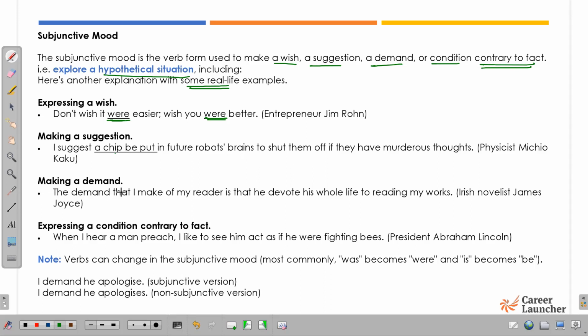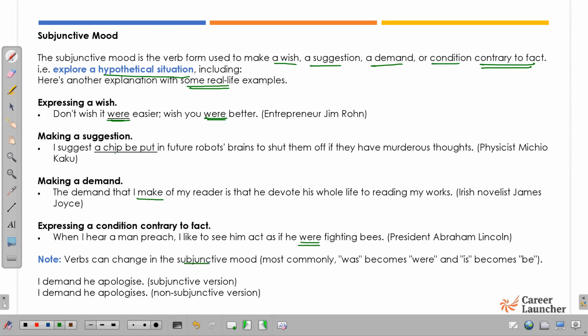Making a demand: the demand that I make to my reader is that he devote his whole life to reading my work. Expressing a condition contrary to the fact: I hear a man preach, I like to see him act as if he were fighting these. Okay, not he was fighting.